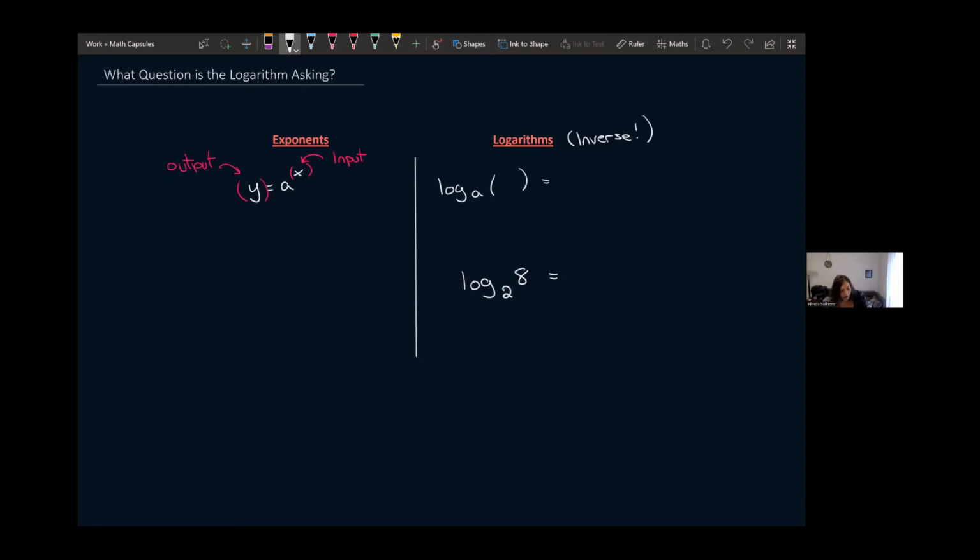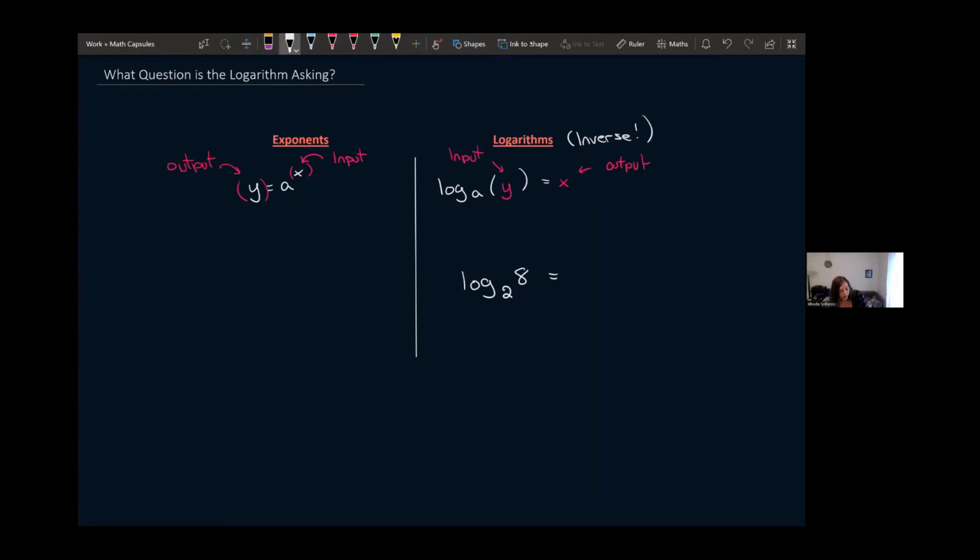Now, because it's the inverse, the output and the input are swapped. So my original y from the left-hand side would become my input, and my original x from the left-hand side would become my output. They're exchanged. To see that in action, let's try it with a real example.